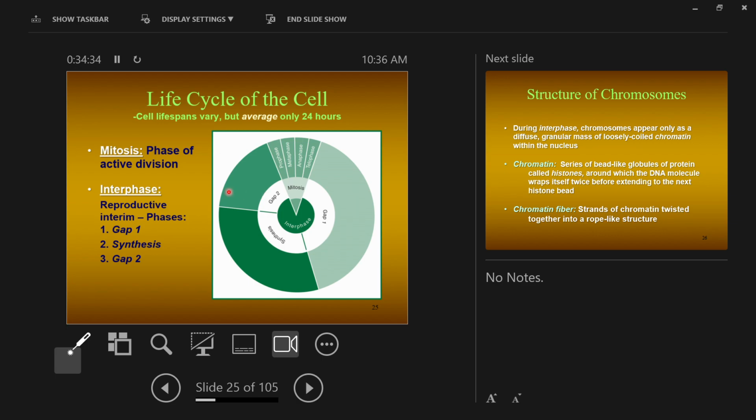Interphase is the time between cell divisions. So a cell divides. It's now a brand new daughter cell. It's going to live its life until it divides again. And we call that interphase. So interphase is the time between cell divisions.